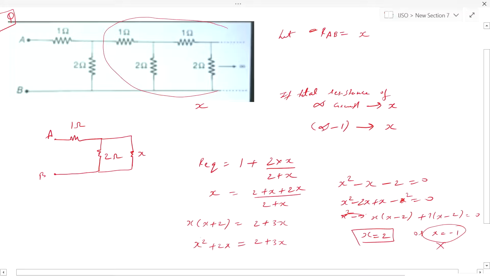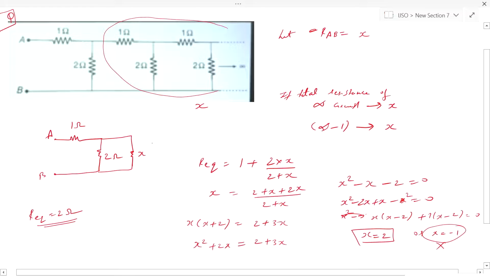Resistance can't be minus 1. So R equivalent is 2 ohms. Clear? Yes.